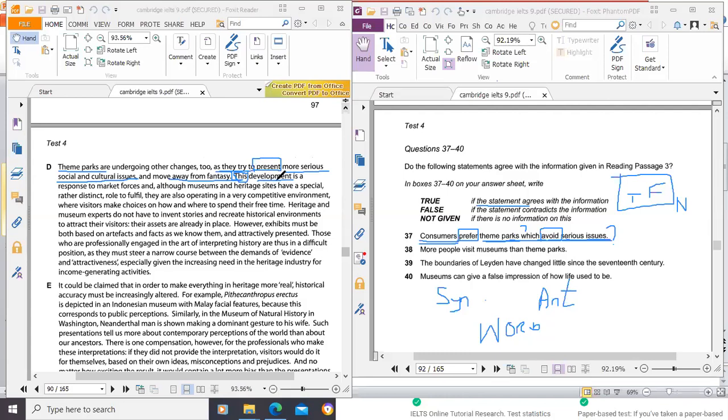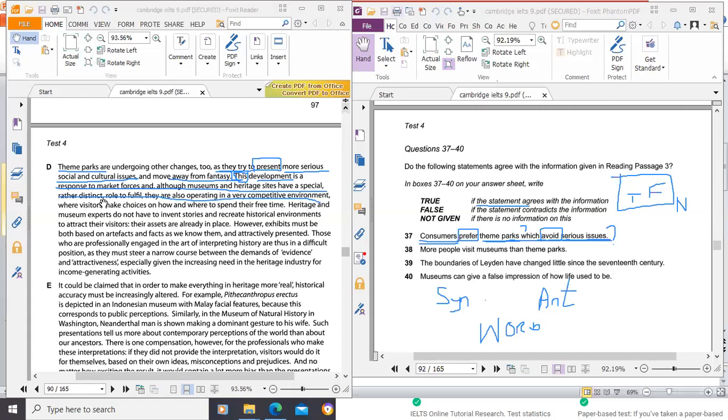The fact that they embrace more serious issues is a result of the market, the response to what the markets want them to do. And that is all about the consumers. That's all about the visitors. We're visitors.